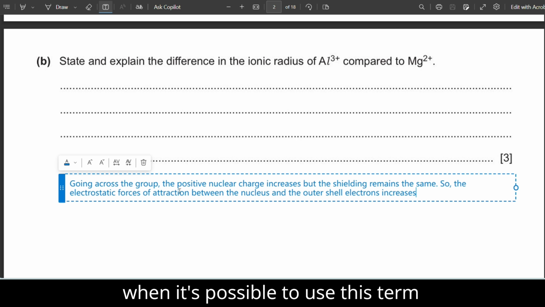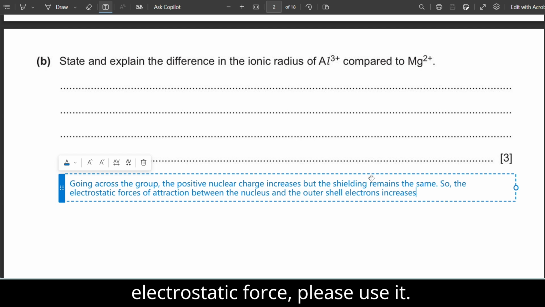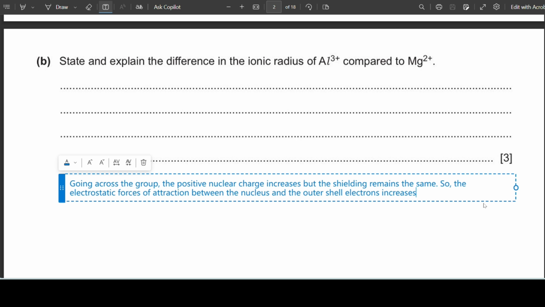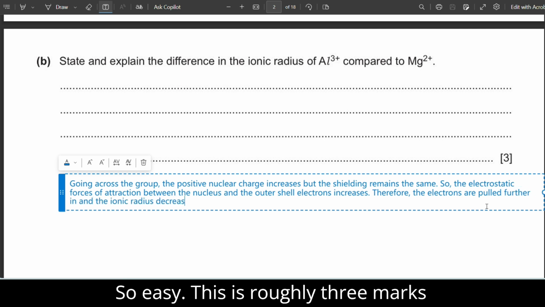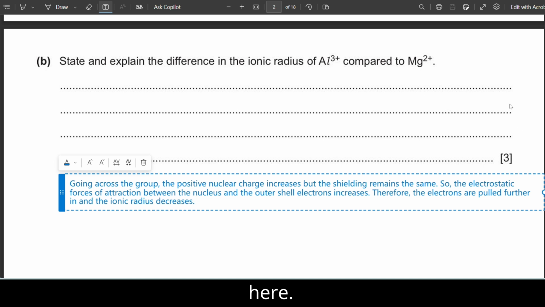So when it's possible to use this term, please use it. So easy. This is roughly 3 marks here.